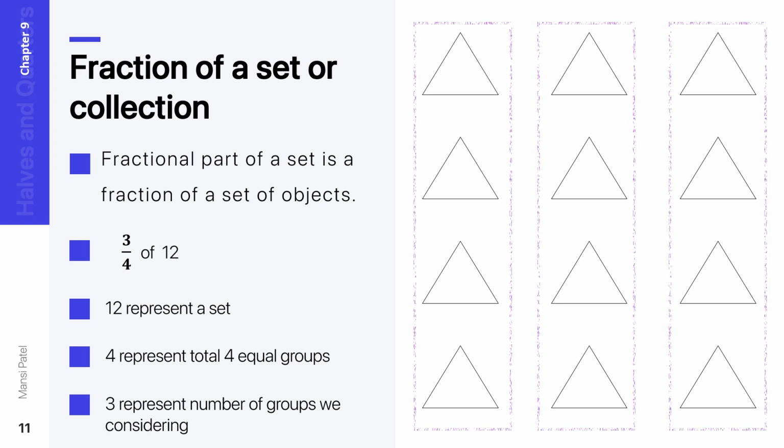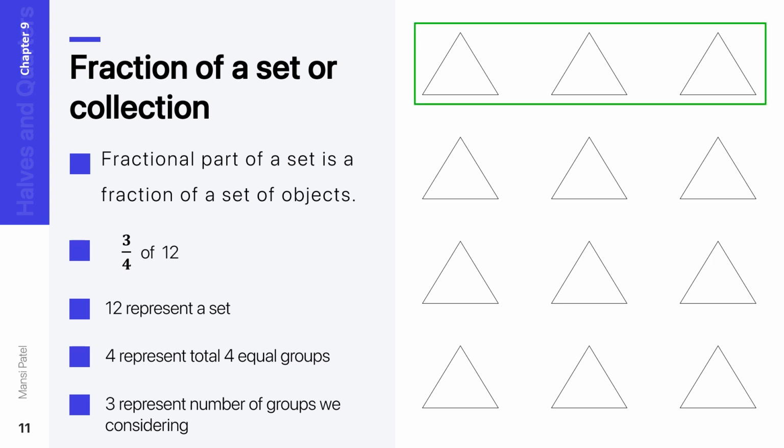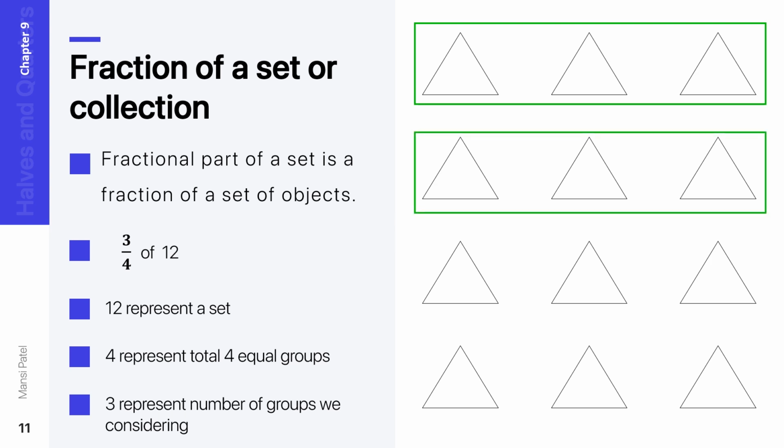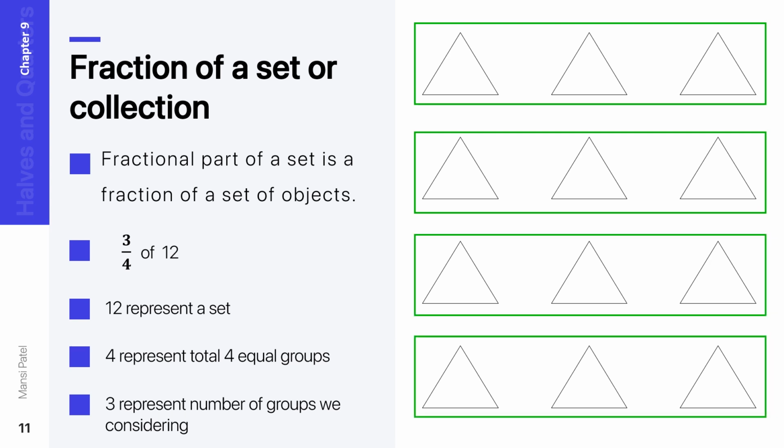In another way, you have to divide these 12 triangles into equal parts. Like this: see here, this is the first group of triangles. In the first group, how many triangles are there? 3 triangles. In the second group 3, third group 3 and fourth group 3.